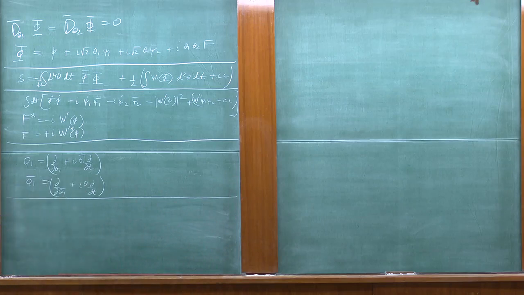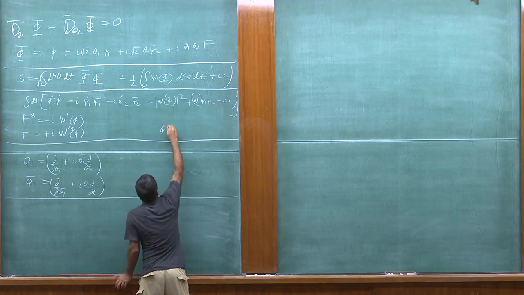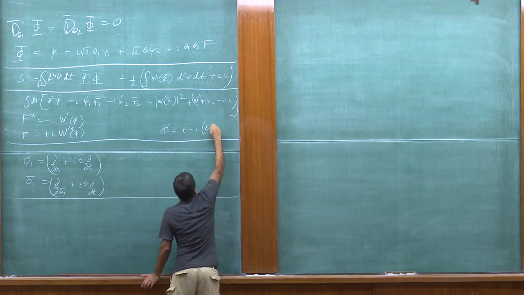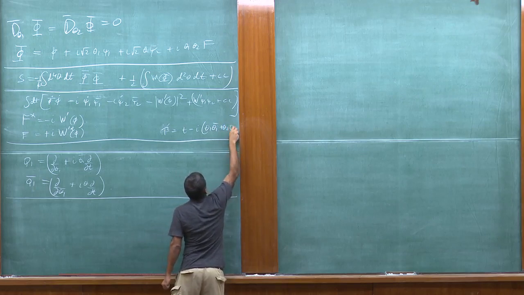You see that expansion there looks innocuous, but remember that every field in phi was a function of tau, which was t minus i theta 1 bar plus theta 2 bar.